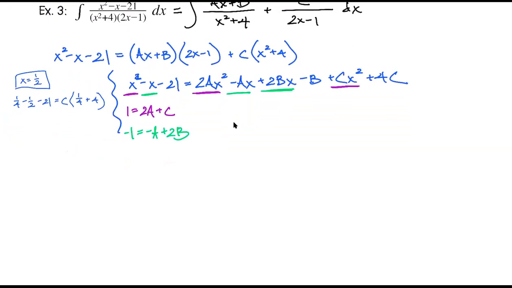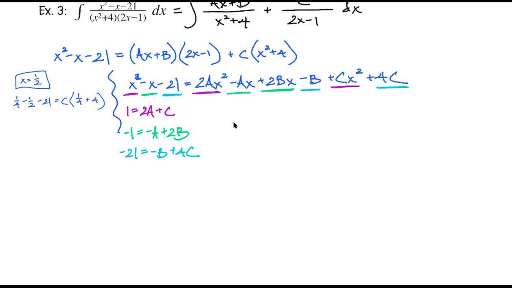And then if I set up a third equation, I have negative 21 equals negative b plus 4c. Okay. So sometimes we end up in a situation where we end up with a system of equations and they're not always so nice. So I just wanted to do this one as an example of some strategies you could use when you're solving a system of equations, okay?